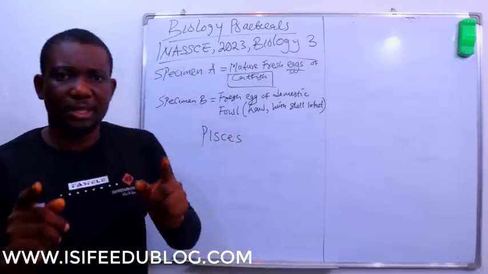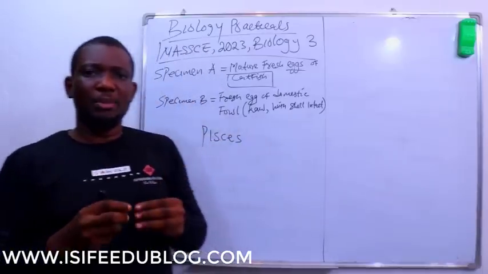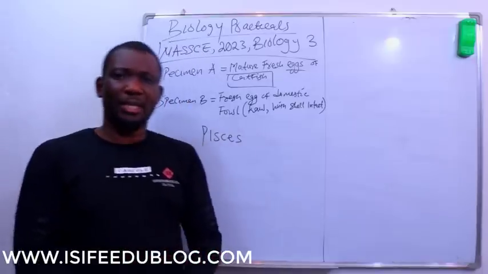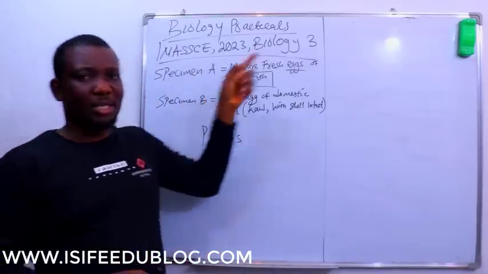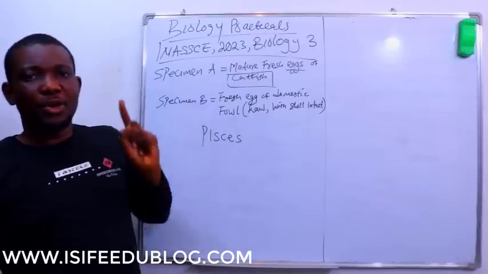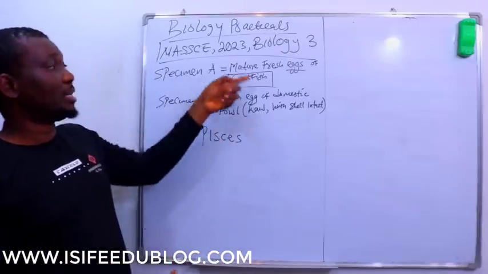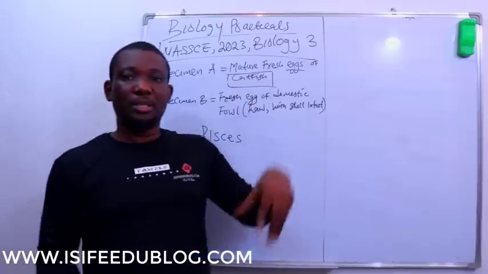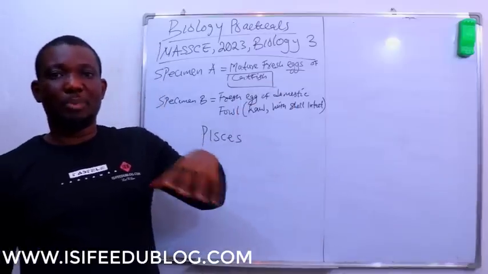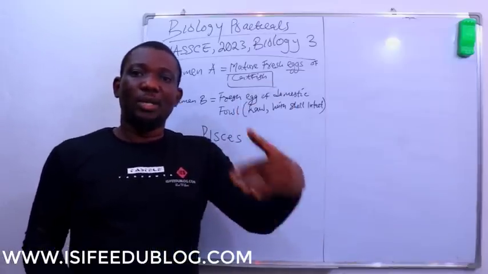What are the interests the examiner is looking out for? They may ask you to state the type of fertilization in specimen A. Since they lay unfertilized eggs, it does mean that the male catfish has to deposit some quality sperm on these eggs when they are laid.